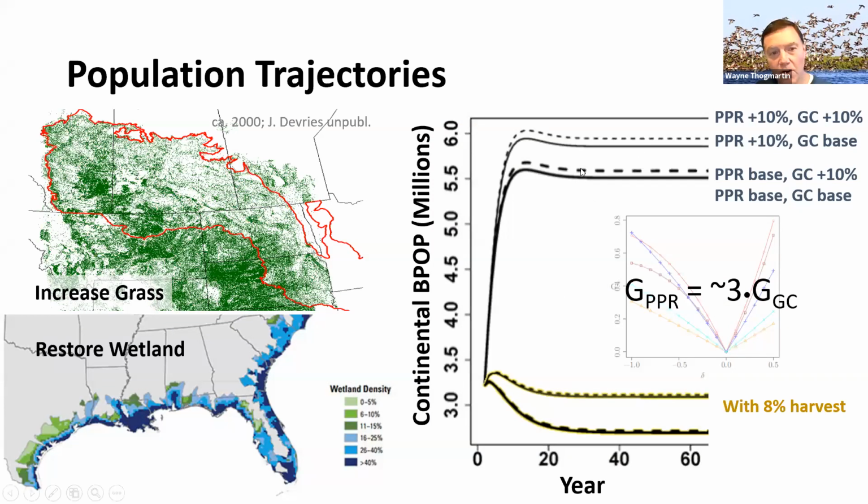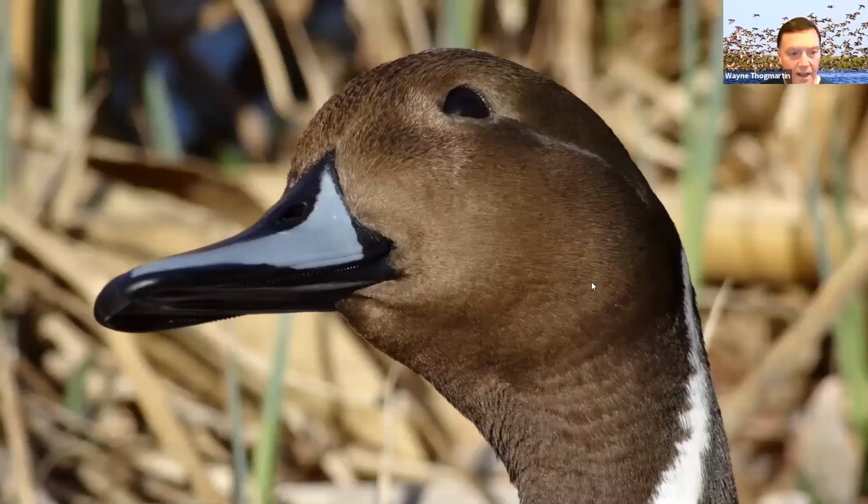Well, we've done some typical simulation models where we evaluate the consequences of these different scenarios, and we can recover northern pintails or return them to their population goal if we amend the habitat. But the G statistic tells us that operating in the prairie potholes is 3 times more effective than operating in the Gulf Coast.